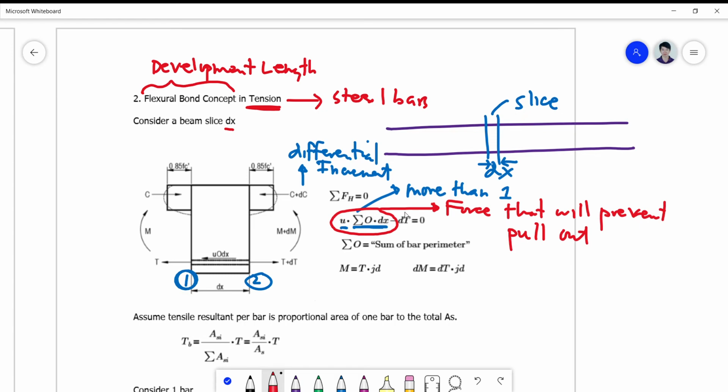So the differential force now will be the dT. This is the force that will prevent the pull out, and this is the force that will pull it out. They must be equal.